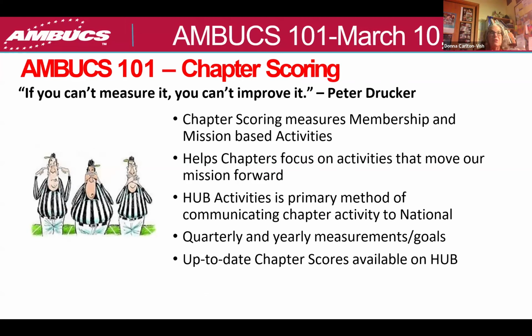Maybe your visibility, you need to get out there and do more visibility programs, sitting in the mall with your table and some flyers, just getting out there and doing things in the community. You create your scoring by filling out the activity sheet that's on the hub. Next slide, please.